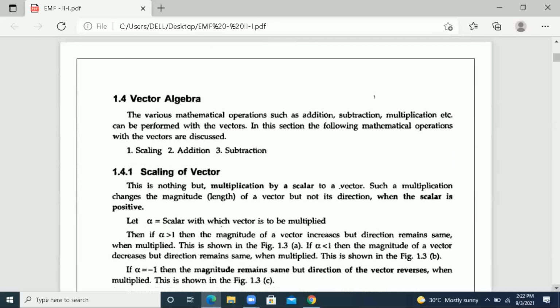Now, we have various mathematical operations. For example, we can add two numbers. We can scale a length. We can subtract. We can do the same thing with vectors.